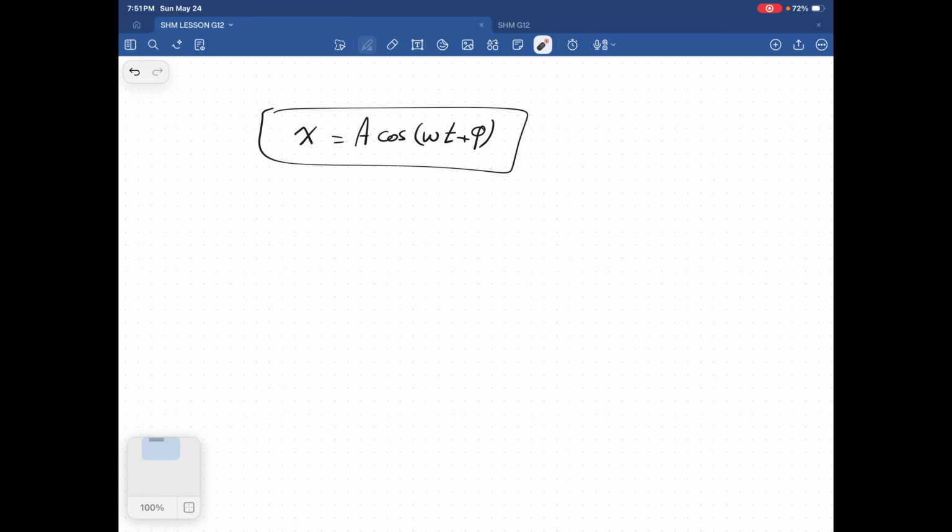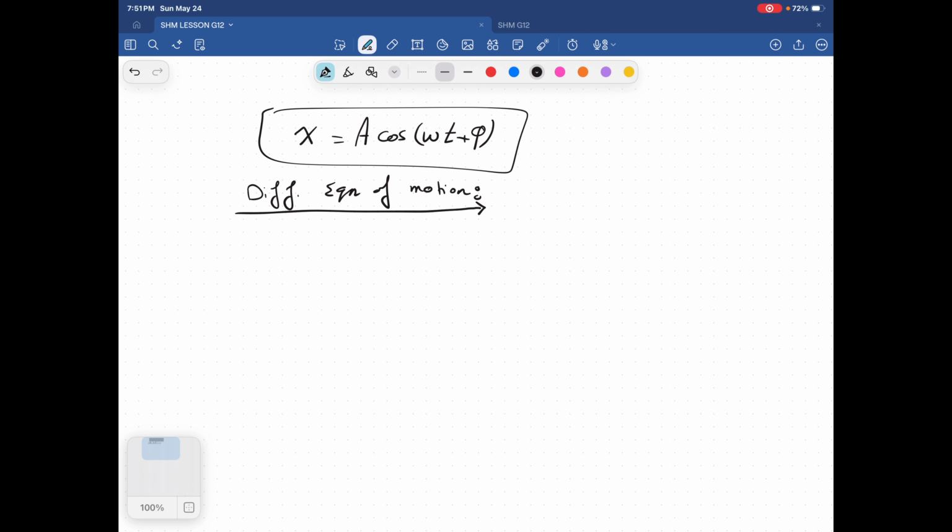But we are going to find now, to be more precise, the differential equation of the entire motion. And for this, I want you to be very focused with me.